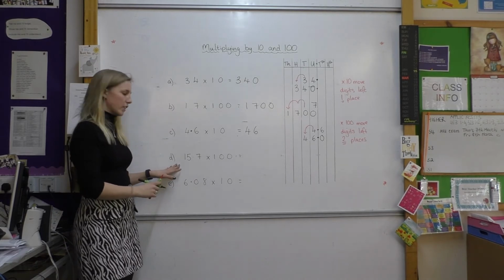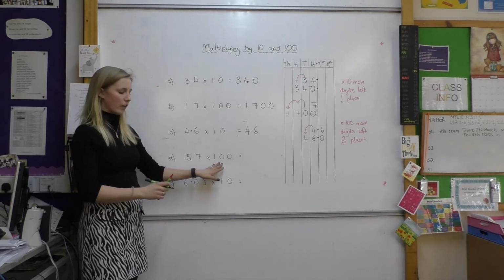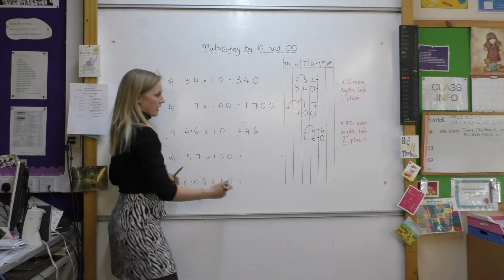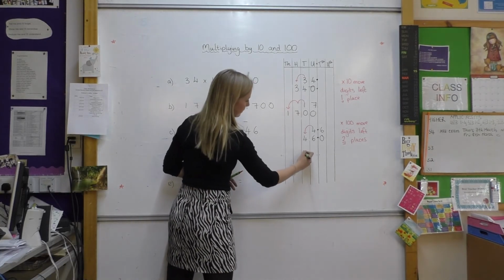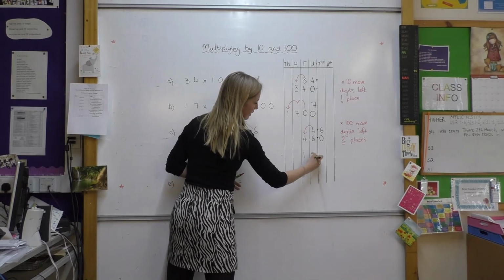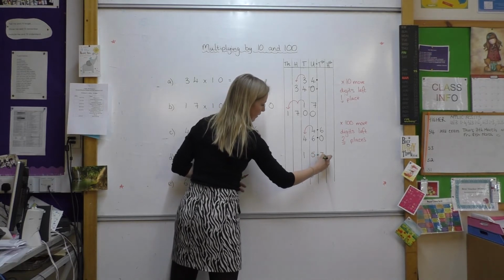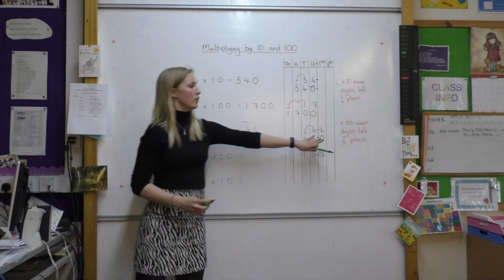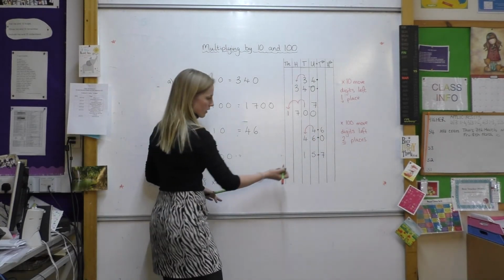Again, another decimal, this time multiplying by 100. We've got 15.7. So that is 1 ten, 5 units, and 7 tenths. Multiplying by 100, we move it to the left 2 places.